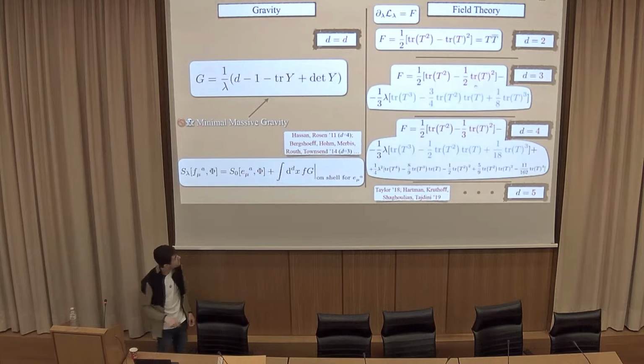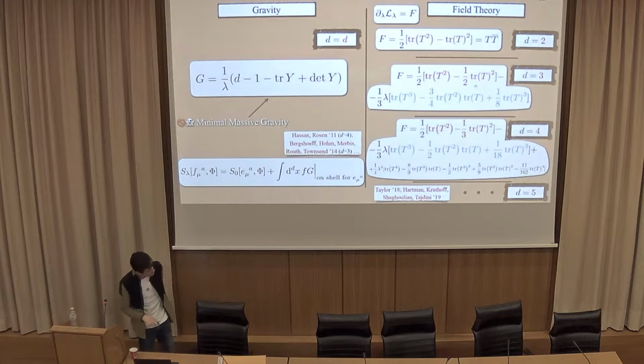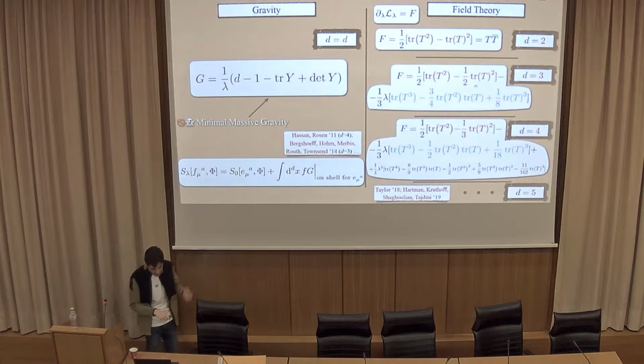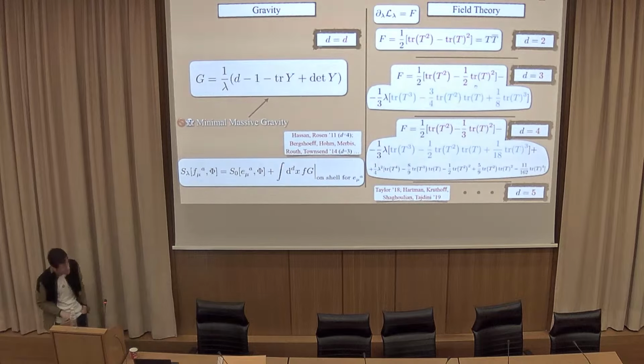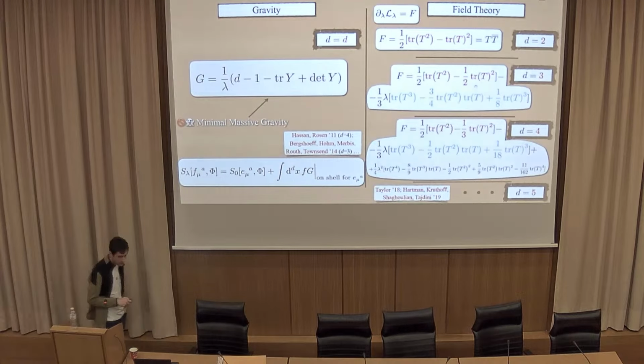In 3 dimensions, we get the quadratic piece plus a cubic correction, nothing more. In 4 dimensions, we get the quadratic plus a cubic plus a quartic, and the pattern goes on. Actually, in d dimensions, this truncates at order d, T to the power of d.